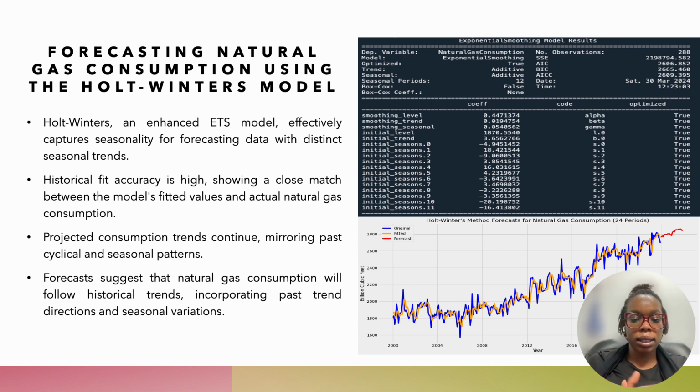This also projected an increase over the next 24 months, mirroring the seasonal patterns over time. The forecast suggests that natural gas consumption will follow historical trends, incorporating past trends, direction, and seasonal variation.